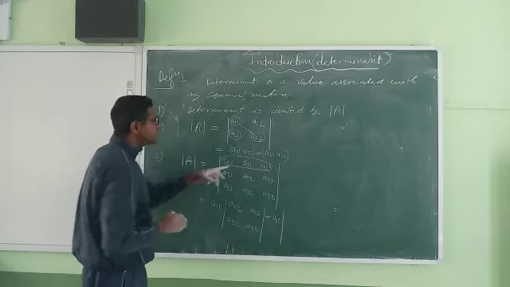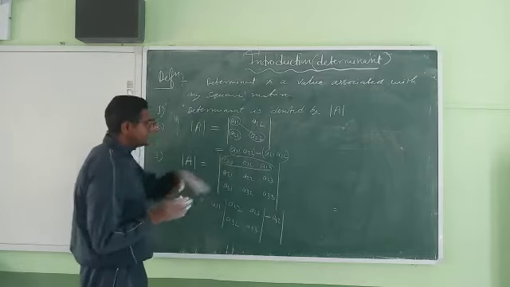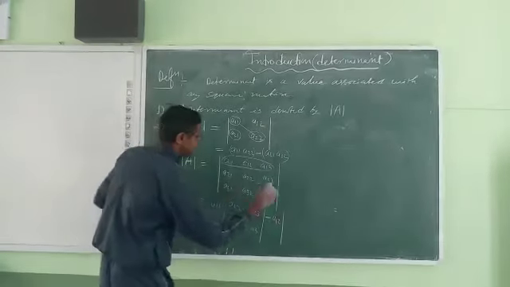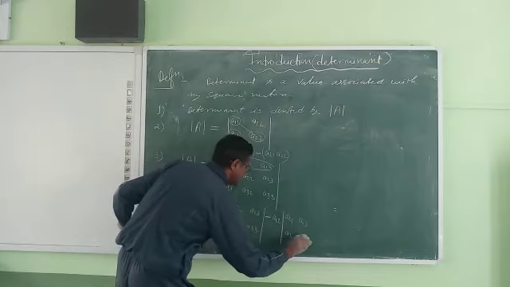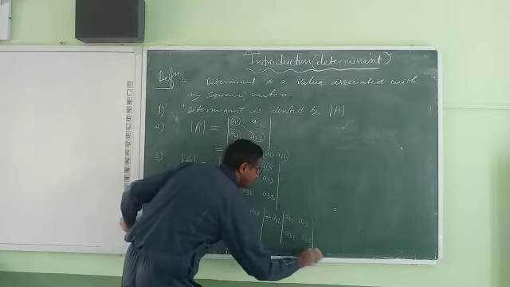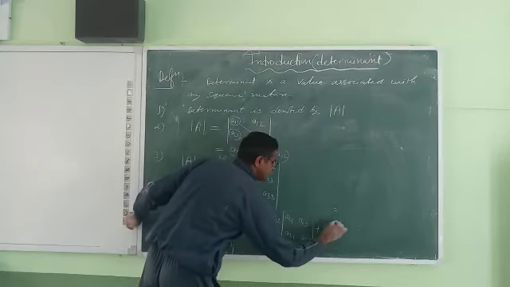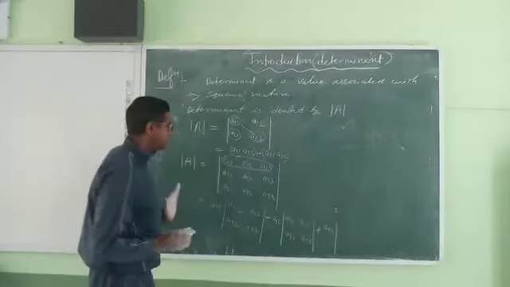A12 means you will hide the first row and second column. Then you write A21, A23, A31, A32. Now plus A13, A13 means you will hide first row and third column.